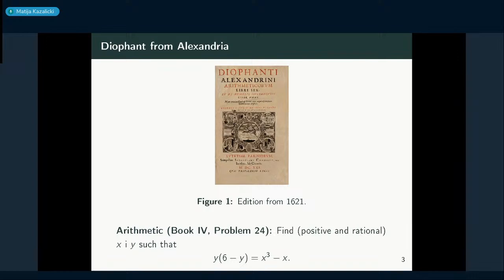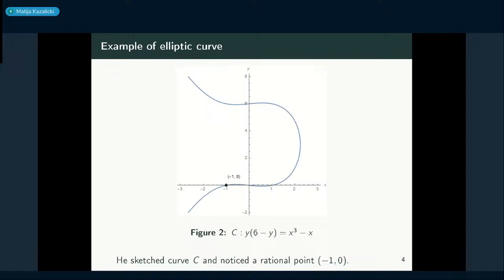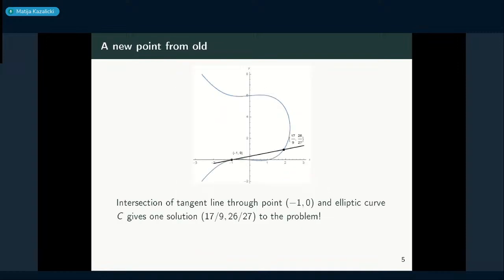He also provided a solution to this equation, and of course his solution was not written in the form that I'm going to present. But what he essentially did is sketch the curve representing this equation, and then he noticed one obvious rational point, the point (-1, 0). Then he took the intersection of the tangent line through that point and the curve.